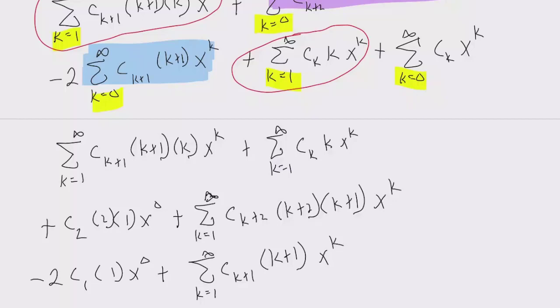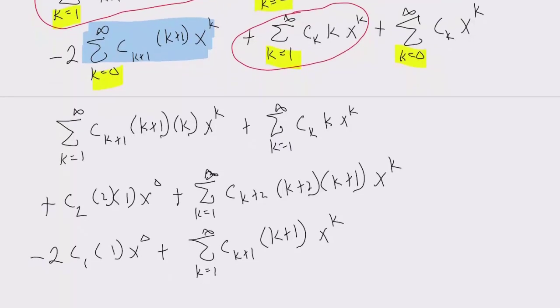All right, so that takes care of that. And then one more to go. I'm going to throw it at the end here. Okay, so we're going to do this last one here. And so if I add 0, I get c sub 0 x to the 0 plus the sum from k equals 1 to infinity of c sub k x to the k.